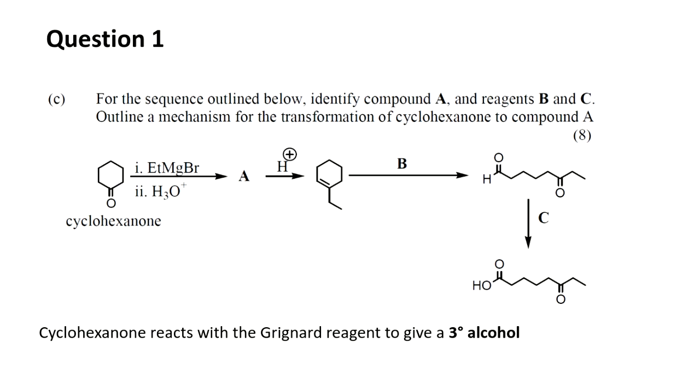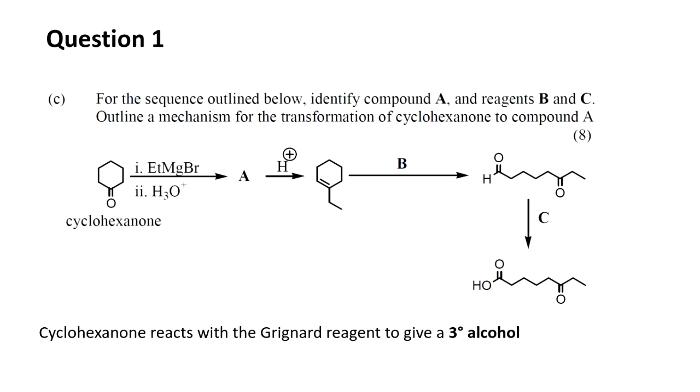What kind of reaction is occurring in B? Oxidative cleavage. Very good, oxidative cleavage. And notice that we are forming an aldehyde and a ketone.